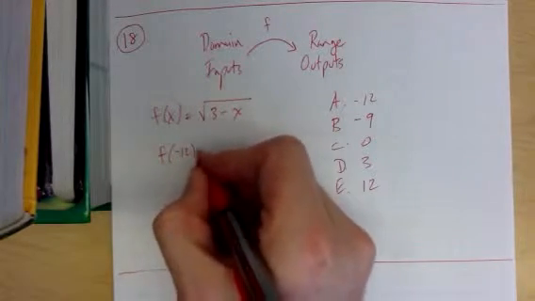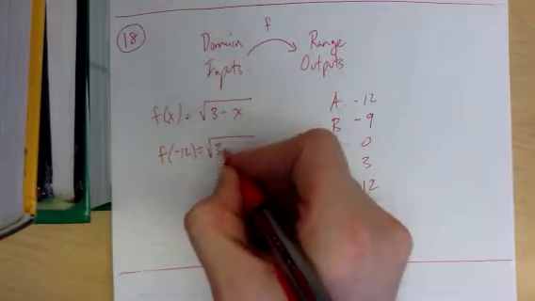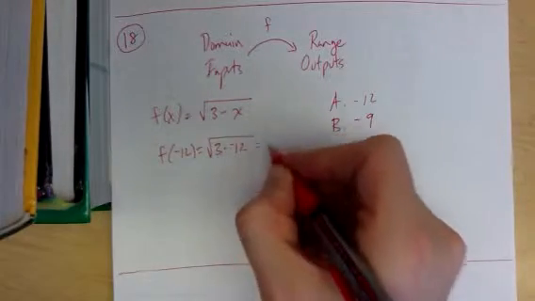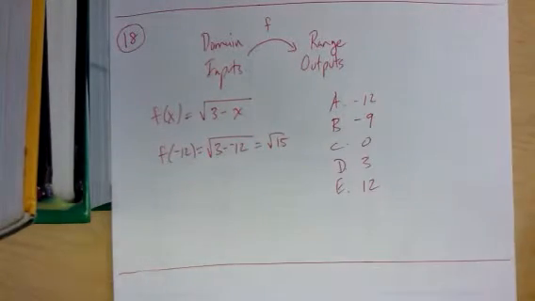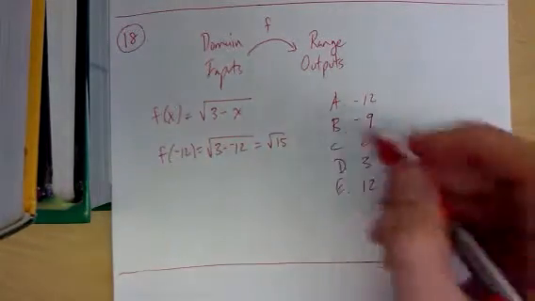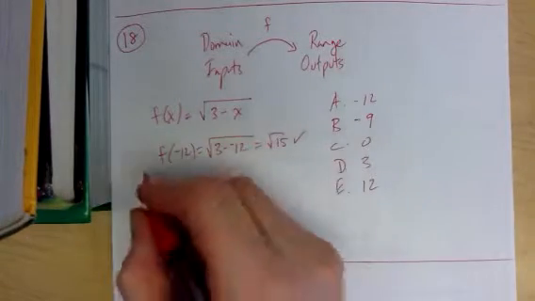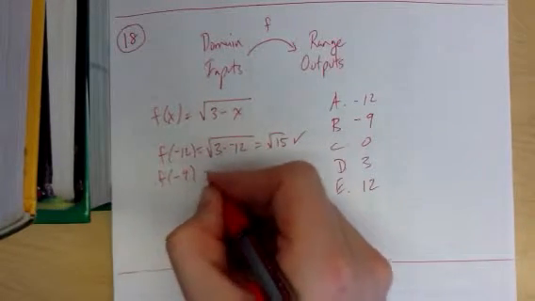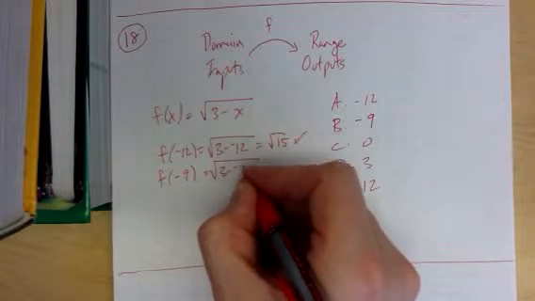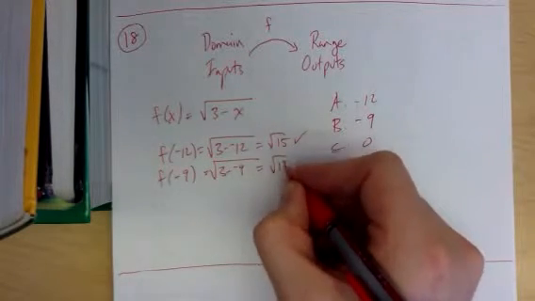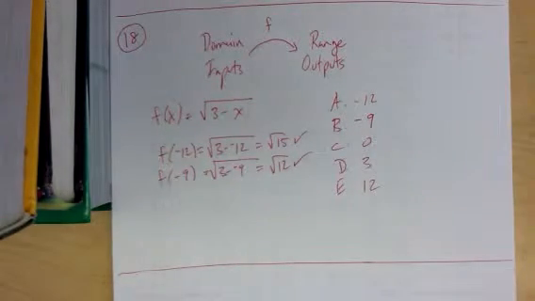F of negative 12 would be the square root of 3 minus negative 12, which is the square root of 15, an irrational number, but certainly real. F of negative 9, 3 minus negative 9, would be the square root of 12, which is also real.